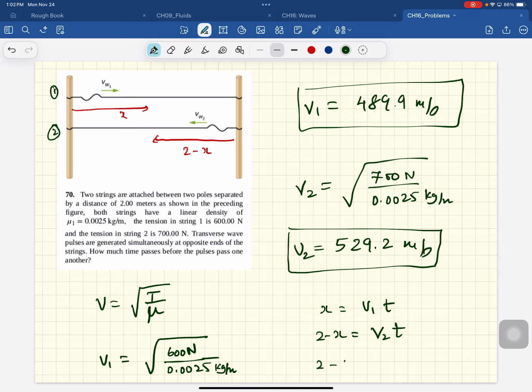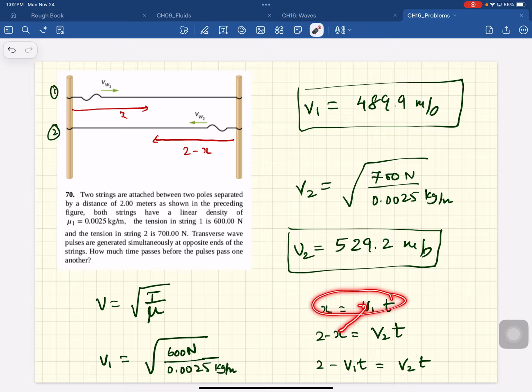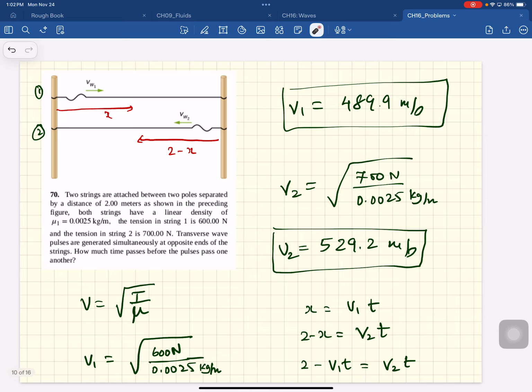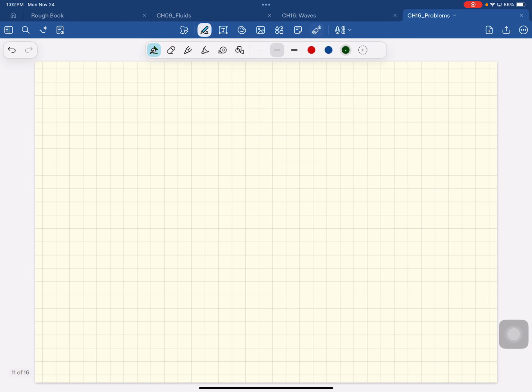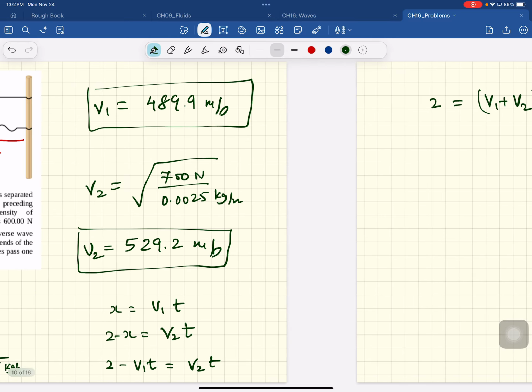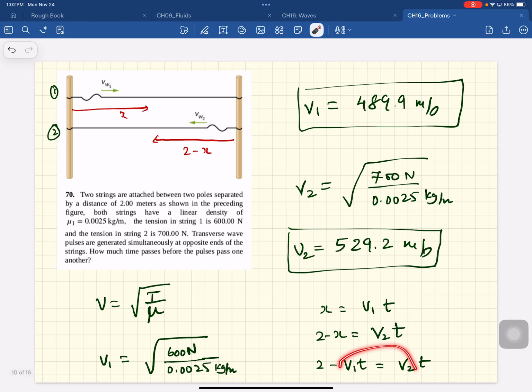So 2 minus v1 times t equal to v2 times t. What we've done is we've taken this and substituted there. So 2 equal to v1 plus v2 times t. I brought this over there.